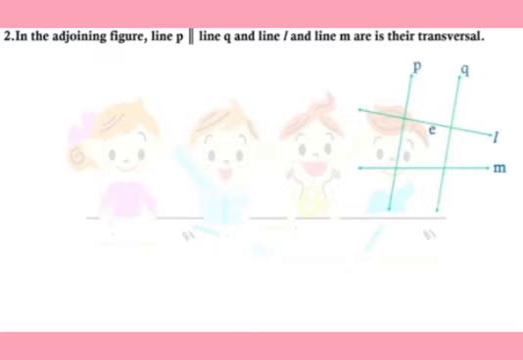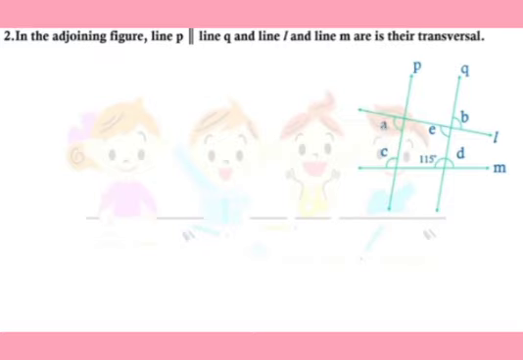Some measures are given here. You can see here measure of angle E, measure of angle B, and here measure of angle D, and here 115 degree is given. So angle E, angle B, angle D and 115 degree. Some more angles are going to add.